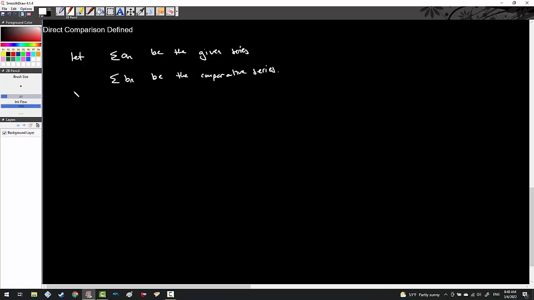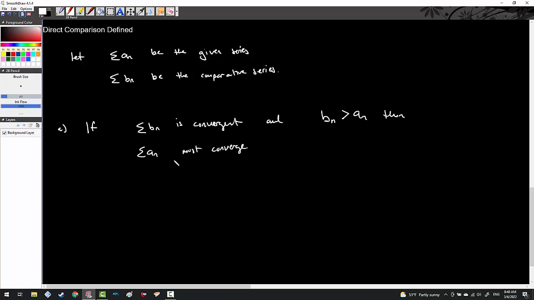And the way direct comparison works is if the sum of b sub n, in other words, if our comparative series is convergent and our comparative series is larger than our given series, then the given series a sub n must converge.